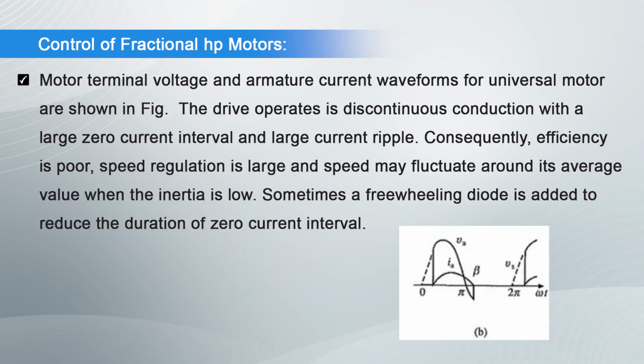Motor terminal voltage and armature current waveforms for a universal motor are shown in the figure. The drive operates in discontinuous conduction with a large zero current interval and large current ripple. As a result, efficiency is poor, speed regulation is large and speed may fluctuate around its average value where the inertia is low. Sometimes a freewheeling diode is added to reduce the duration of the zero current interval.